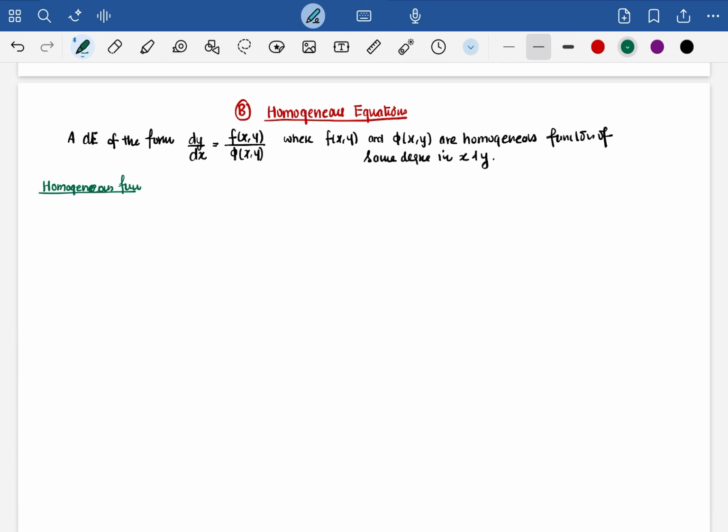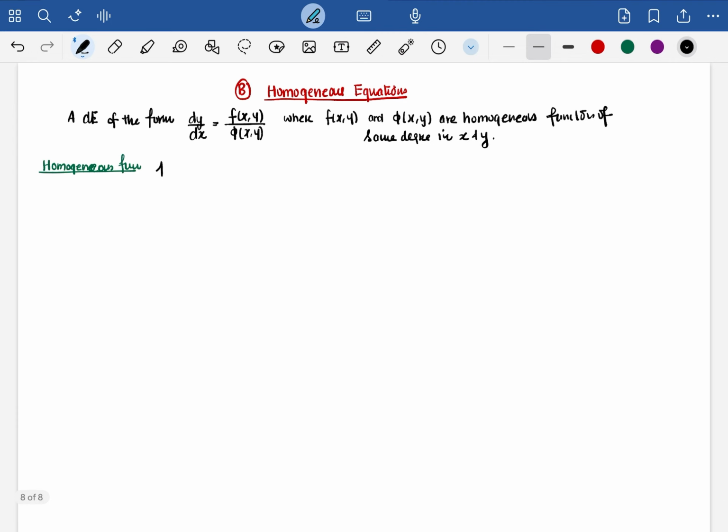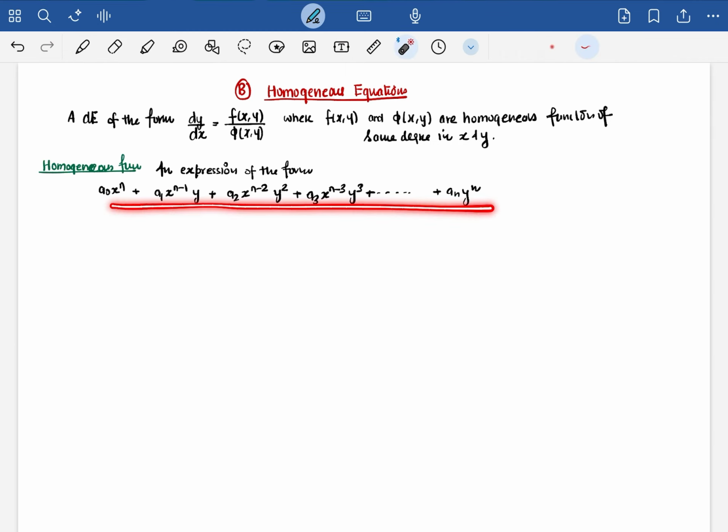So let us say we have an expression of the form a0 x^n + a1 x^(n-1) y + a2 x^(n-2) y^2 + a3 x^(n-3) y^3, and so on, up to an, and the last term is y^n. Can we say every term has degree n? How? Here x has power n-1 and y has power 1, so n-1 plus 1 is n.